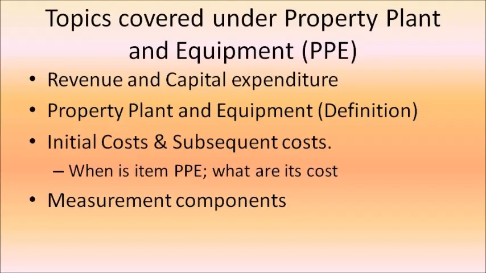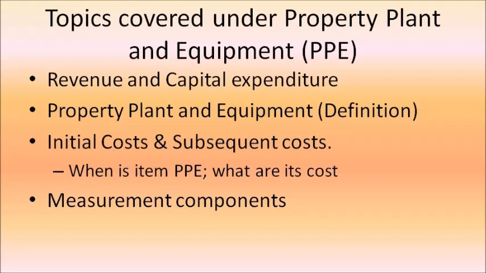Now let's see the overview of the topics that we'll be covering in this video. To start with, in order to understand the definition of property, plant and equipment, it is very necessary to understand the distinction between revenue expenditure and capital expenditure. Next, we are going to understand the initial costs and subsequent costs.